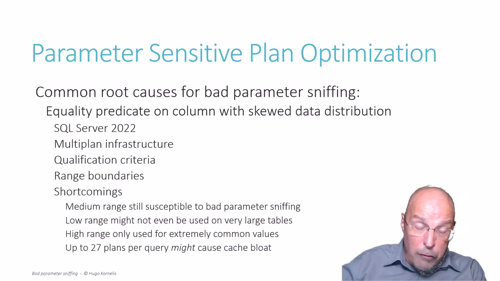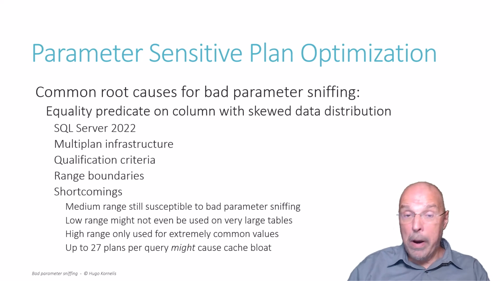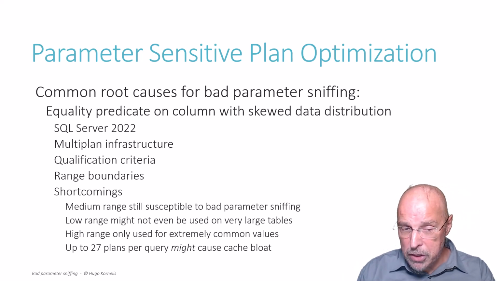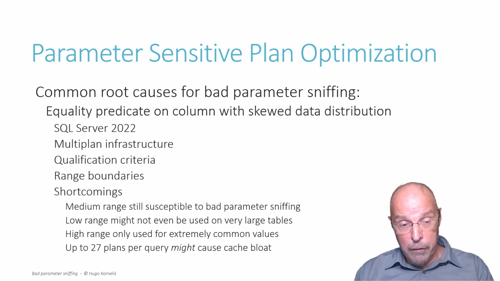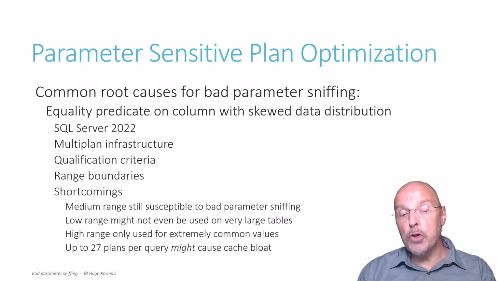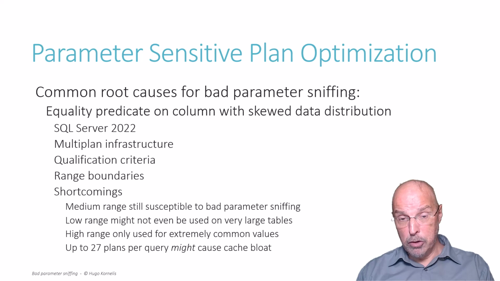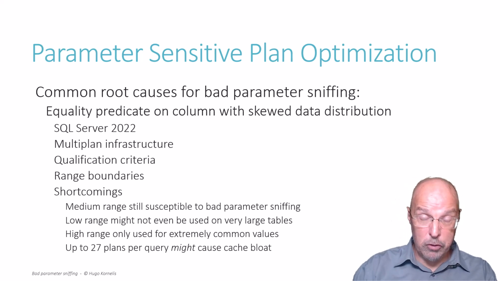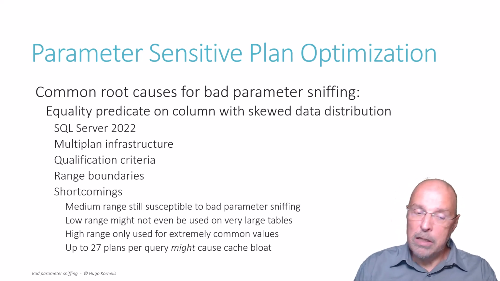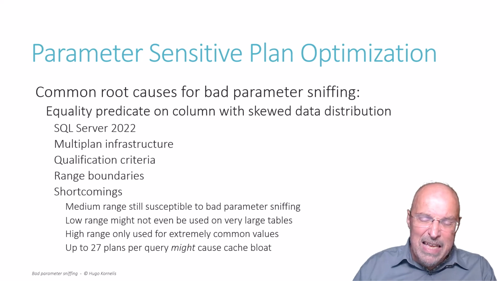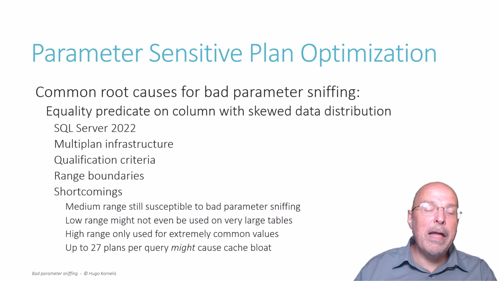Also, if you have a lot of queries where PSPO does kick in, unlikely, that might happen in your system, and if a lot of them use all the 27 possible plans or close to them, then you might start to have issues with cache bloat. If you currently have a system that already suffers from cache bloat, then it might get worse, especially if PSPO happens a lot in your system. So that is a side note that you need to keep in mind.